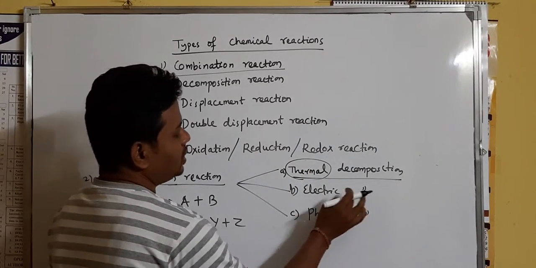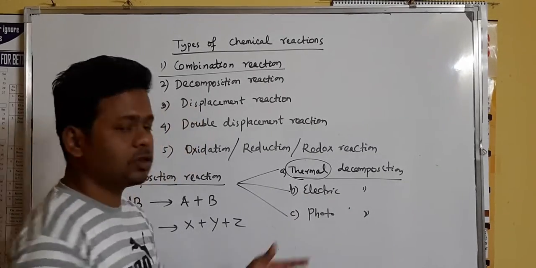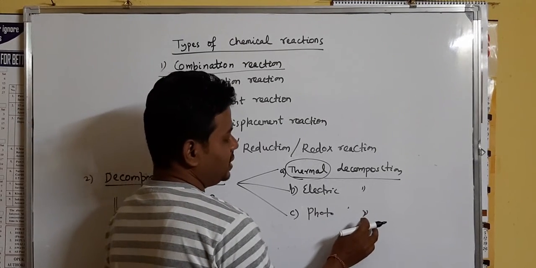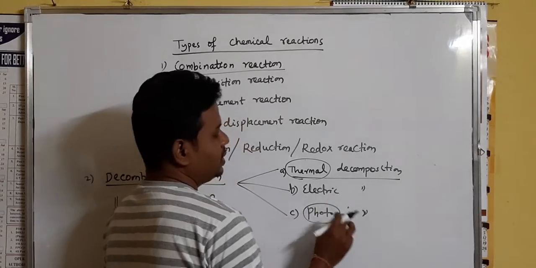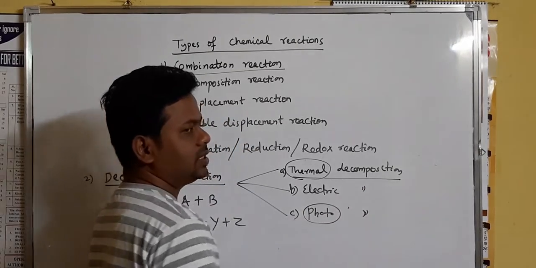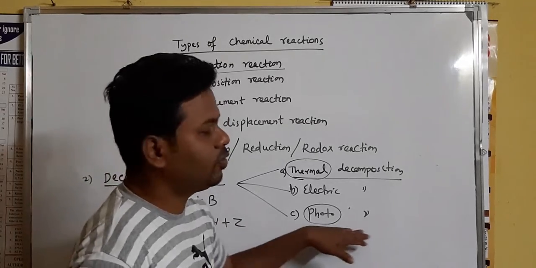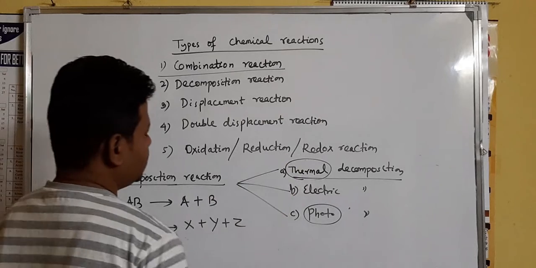If the decomposition takes place due to electricity, then it is called electric decomposition. And if the decomposition reaction takes place due to light, photo means light, then it is called photo decomposition. We will take one example from each.